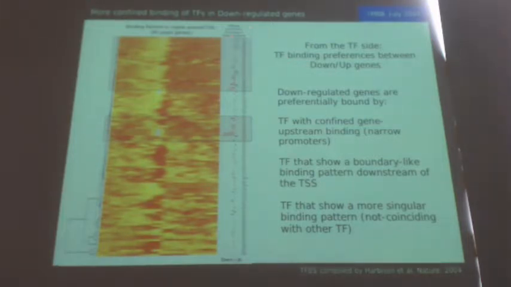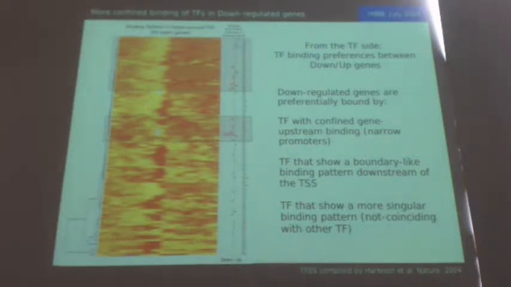One thing that immediately pops up is that for all these transcription factors significantly enriched in downregulated genes, there is a very nice pattern that fits our traditional view of transcription factor binding: a confined area of binding, with the transcription start site somewhere here in the middle, and no binding at all within the gene. So the transcription factor binds right upstream of the transcription start site, and you have no binding sites within the gene.